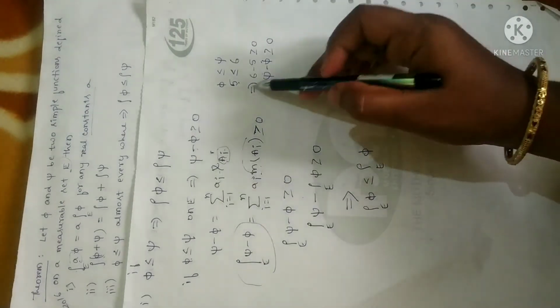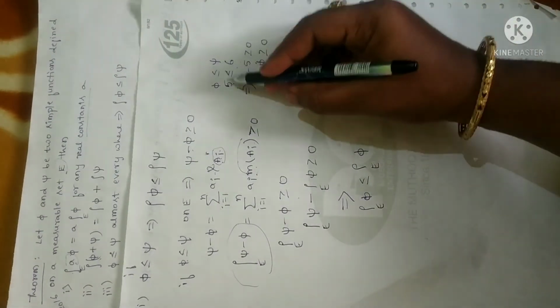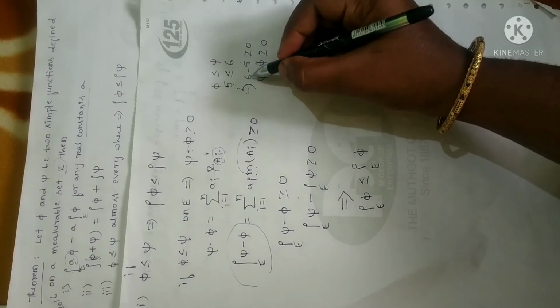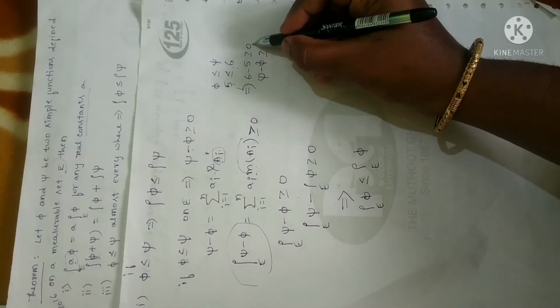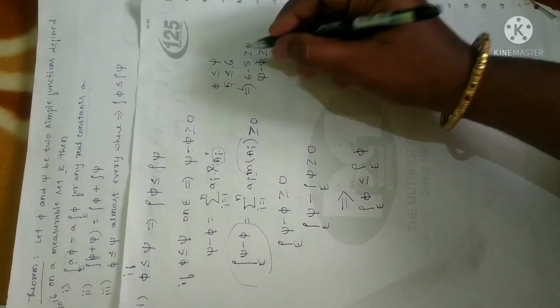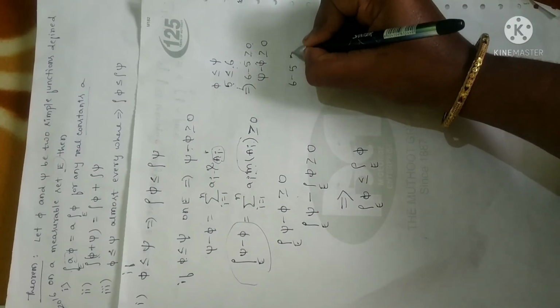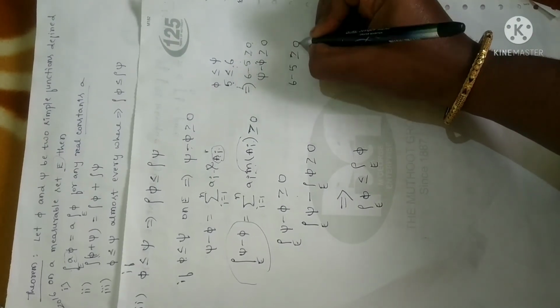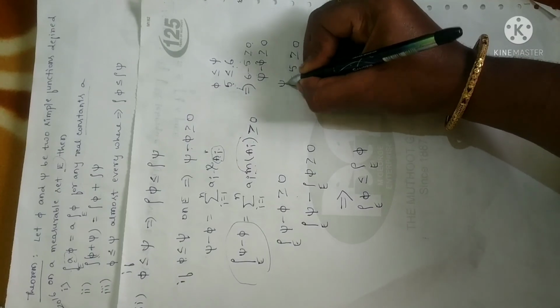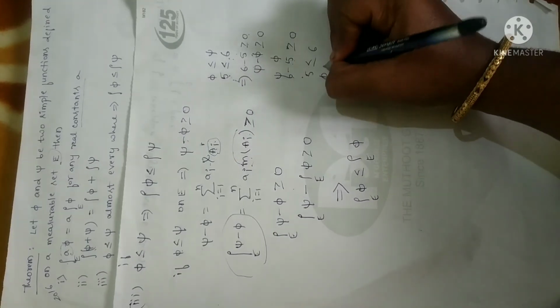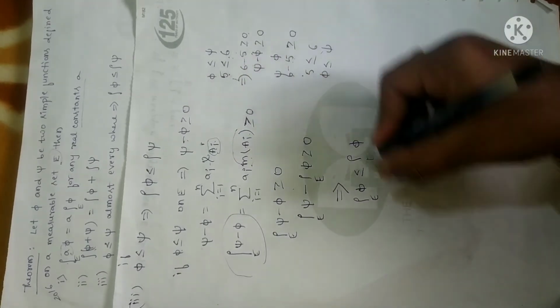Just like this concept: suppose the difference is greater than or equal to 0, like 6 minus 5 is greater than or equal to 0, then I can write 5 is less than or equal to 6. See here, 6 minus 5 is greater than or equal to 0, in the sense it is positive. So let me take 6 as psi and 5 as pi.